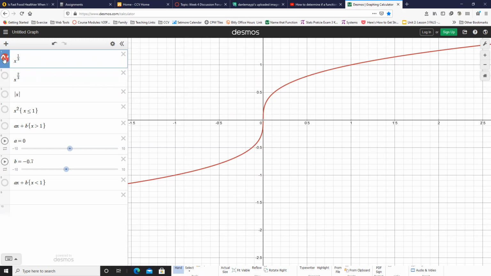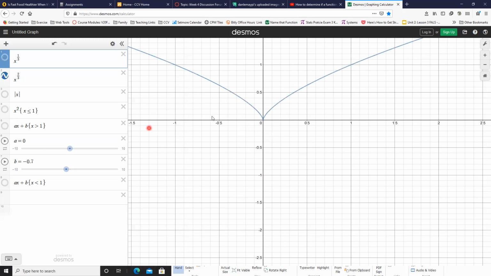So that's where it doesn't exist. And then here's a cusp. This happens, as I showed in the other video and maybe you've seen in the text, when you're taking an odd root and the numerator is an even number.